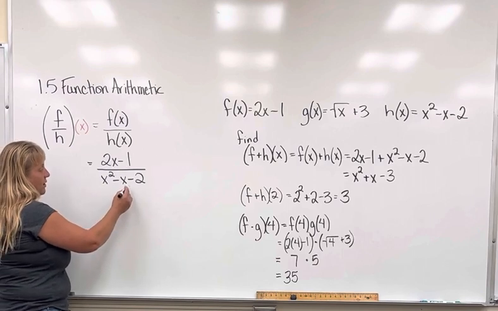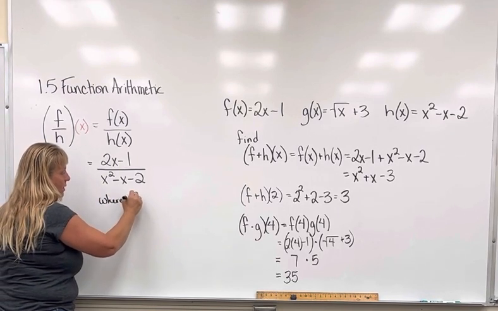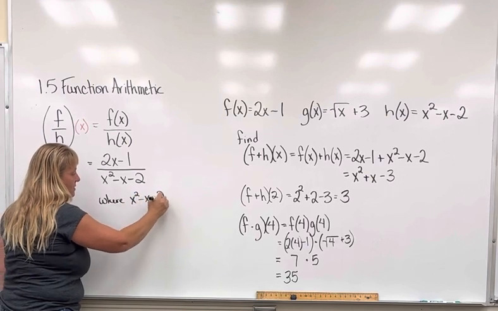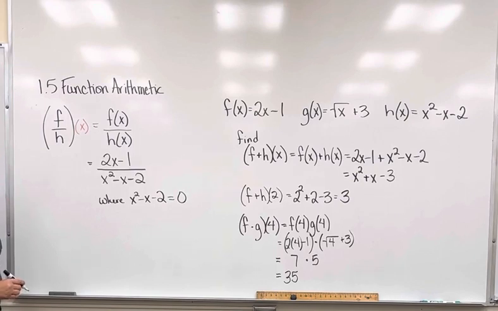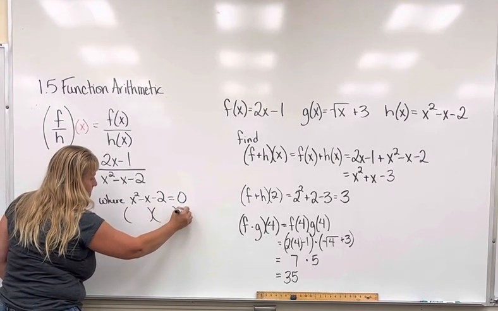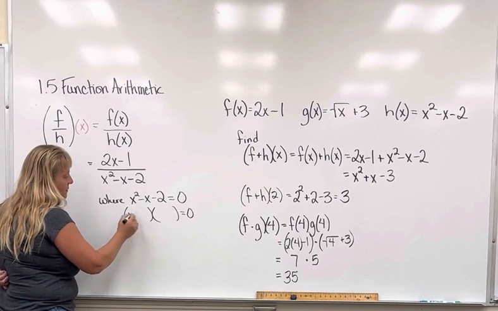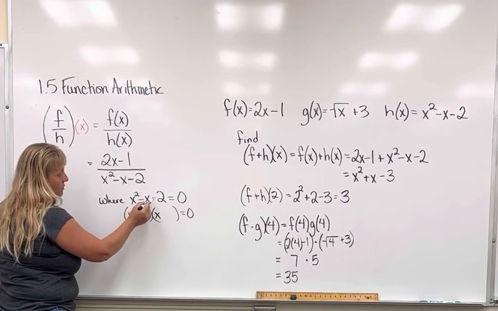So we need to figure out where x squared minus x minus 2 equals 0. And again, this is a quadratic, so we're looking at a factoring problem. So if we factor this, well, x is up front, and we need a negative x in the middle, but a negative 2.